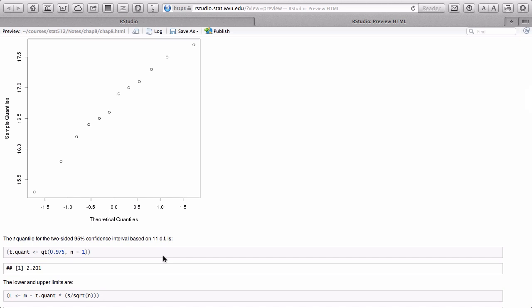I'm going to change that plot so it looks like the one I put in the book, perhaps flip the axes and draw a straight line through it. Now, as you can see, there's a little bit of curvature, but not a lot, and so normality may be reasonable here.